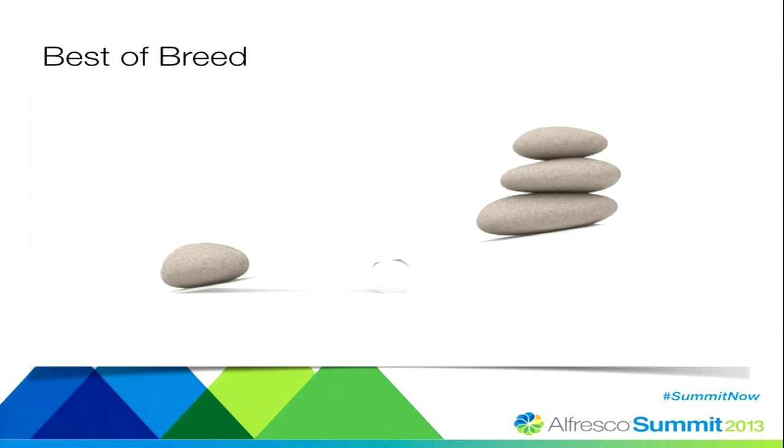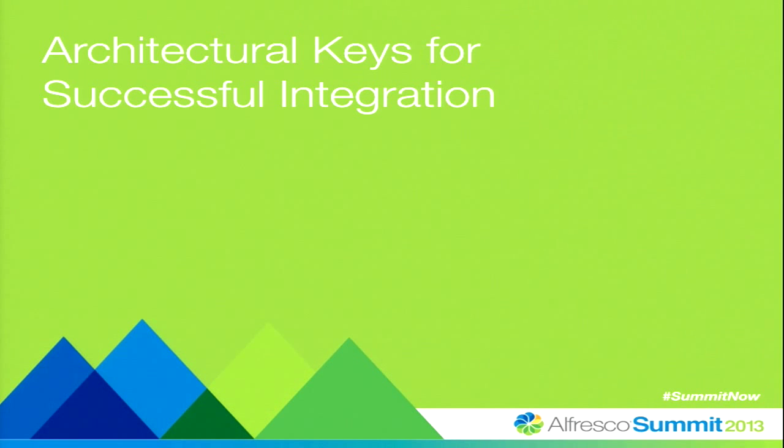So the point is, and by the way, I'm saying it like it sounds so simple, right? But it took people years and years to figure this out. Because the key, the trick, is to identify the best of both worlds, right? You get the best features of Liferay that Alfresco doesn't have, the best features of Alfresco that Liferay doesn't have, and then all of a sudden it's just going to make so much sense to integrate.